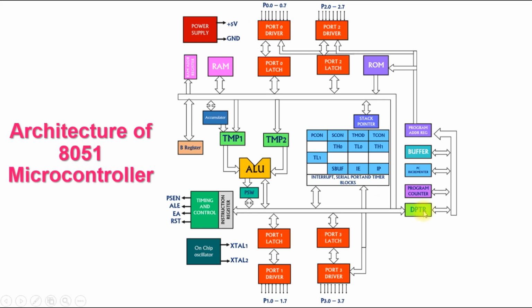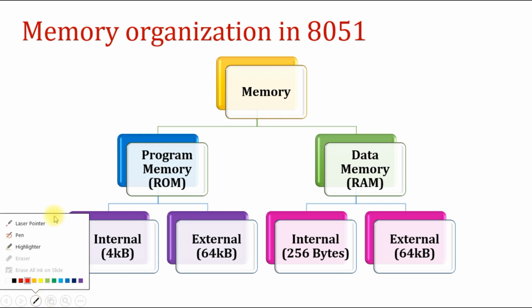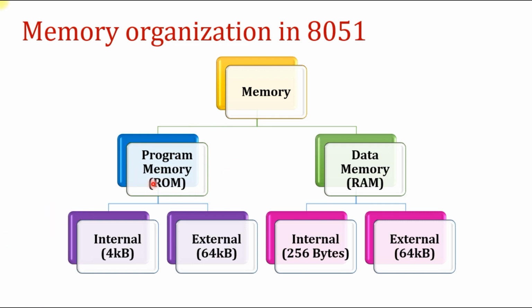So in this video we will discuss how the internal memory in 8051 is getting organized, and purely we will discuss about the internal RAM only. And also we know that the memory inside the 8051 is divided into two different parts, program memory and data memory, that is read-only memory and random access memory.